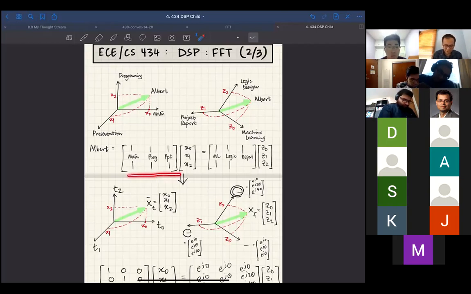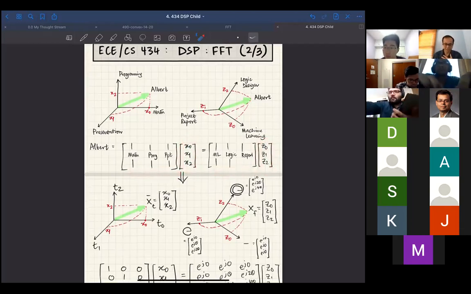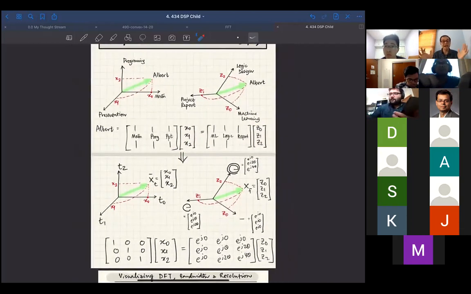So this is the Google basis, this is the SpaceX basis, this is Albert in the Google's basis, this is Albert in the SpaceX basis. Okay? And we said, now if you understand that, which I hope everyone gets now, right? And which I hope many of you might have done 310 and DSP, but you may not have seen it this way. And I feel this way makes it very easy.